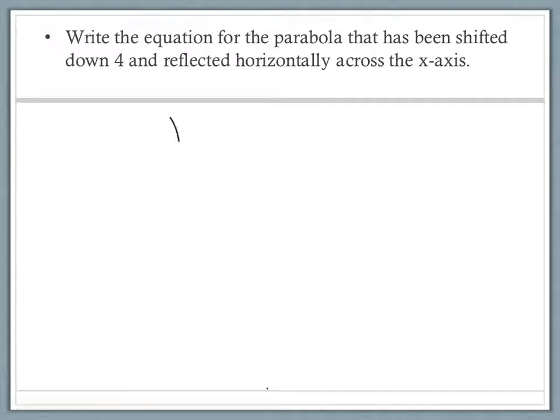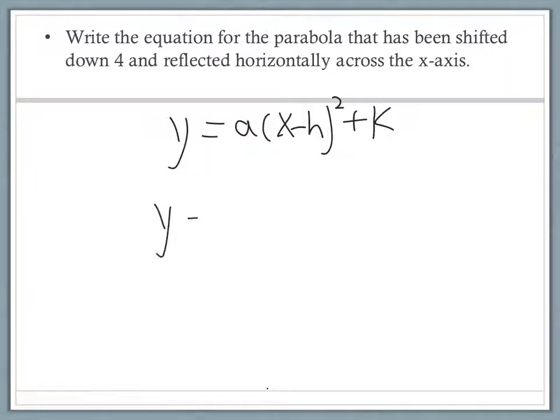Now let's look at this one: the equation of a parabola that has been shifted down 4 and reflected across the x-axis. I'm going to write my vertex form of the equation. So y equals, and I can start putting in my x. It's shifted down 4, so it's not left to right at all.